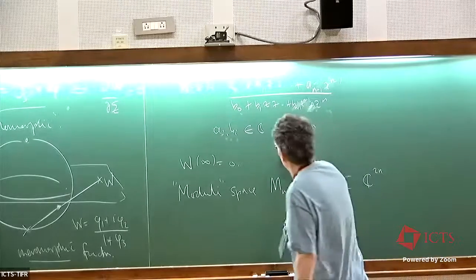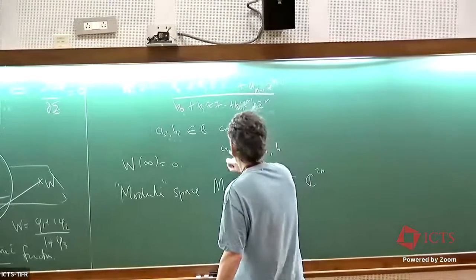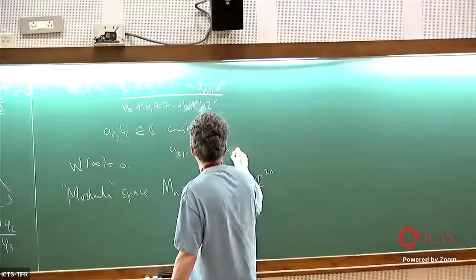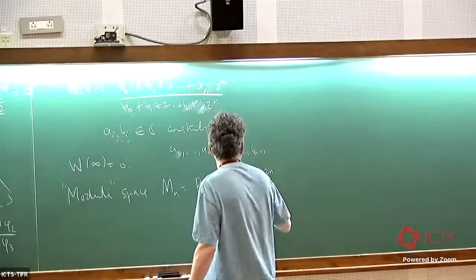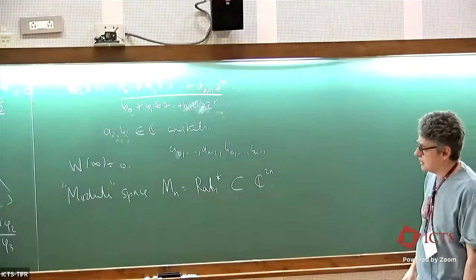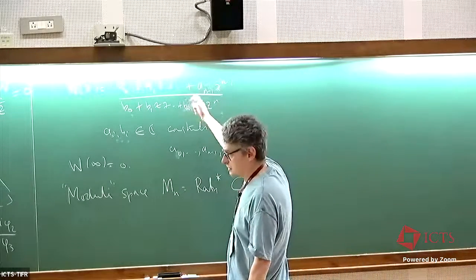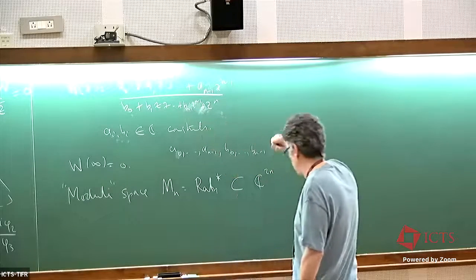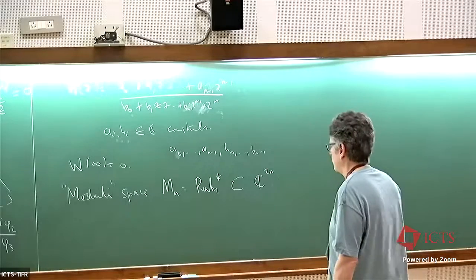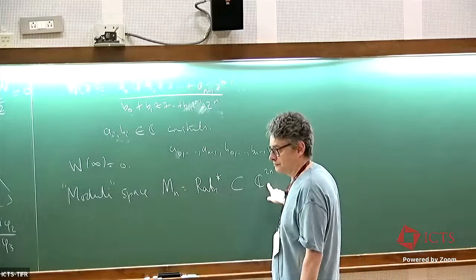So you've got A0 up to A_{n-1}, B0 up to B_{n-1}. So collectively, that's 2n complex constants. You have to remove the subset on which these two polynomials have common roots, which is a complex codimension 1 subset. And what you're left with is an open subset of C^2n. Okay?